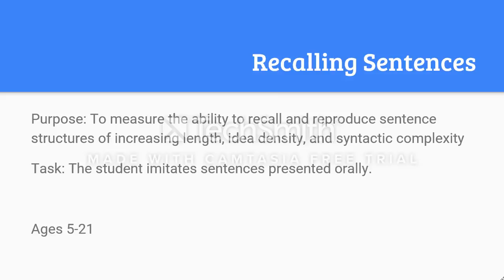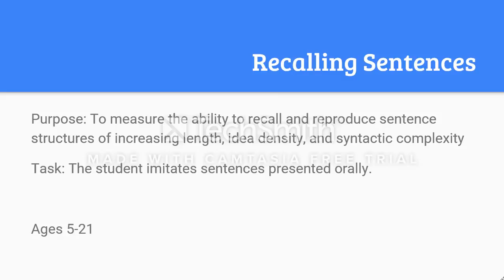The next subtest is recalling sentences, and it is done to measure the child's ability to recall and reproduce sentence structures of increasing length and complexity. For this, the student imitates a sentence that is presented by the clinician. So the clinician could say, "The big brown dog ate all the cat's food."